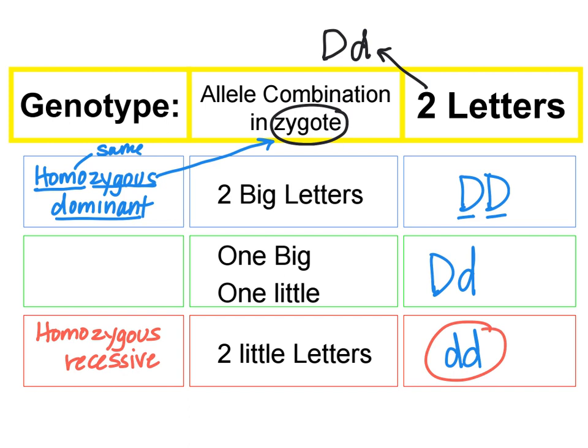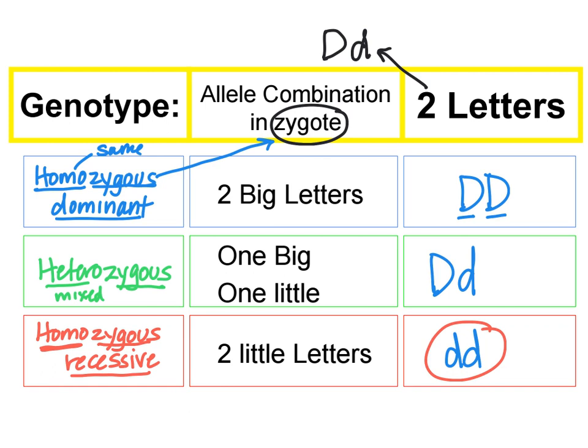Little d, little d is also the same allele in the zygote, except those copies are recessive. The last combination is called heterozygous. Hetero means mixed, and again, zygous means in the zygote. You'll notice that it is not followed by dominant or recessive because there is one of each.